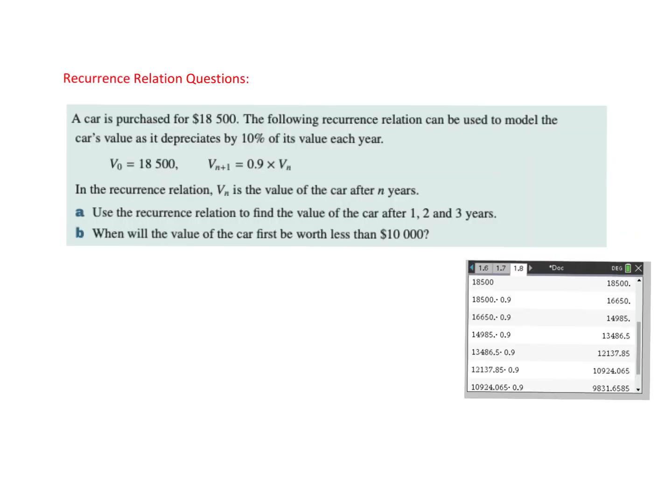Okay, so we're going to go through some examples of reducing balance depreciation. A car is purchased for $18,500. They're giving you the V0 there, the original price. The following recurrence relation can be used to model the car's value as it depreciates by 10% each year. When they say it depreciates 10% of its value, that is a way of saying reducing balance depreciation.